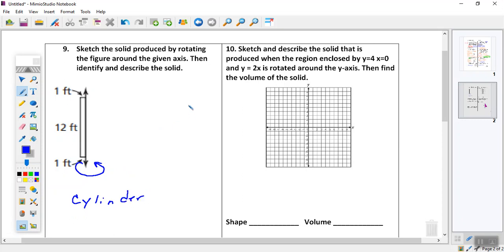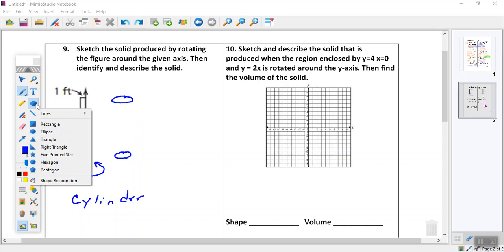Okay. And if you just write the word cylinder tomorrow, I'll be like, you know what, I'm okay with that. Or if you want to sketch it, make an oval up top here, an oval on the bottom here. Do you understand why I say sometimes you should use words instead? How many are like me, where art is just not your thing?